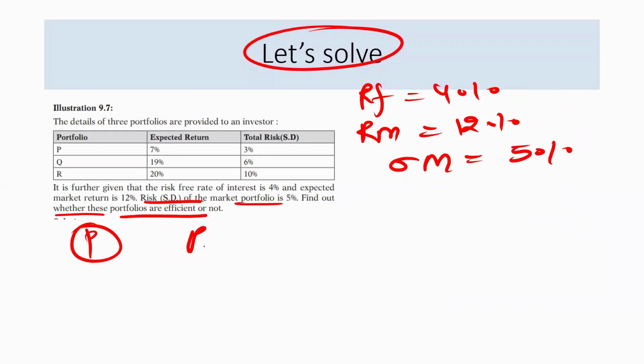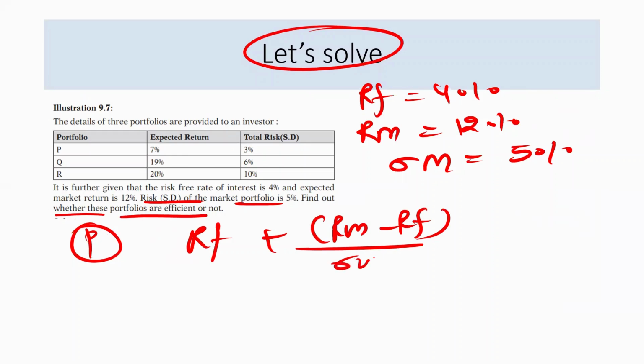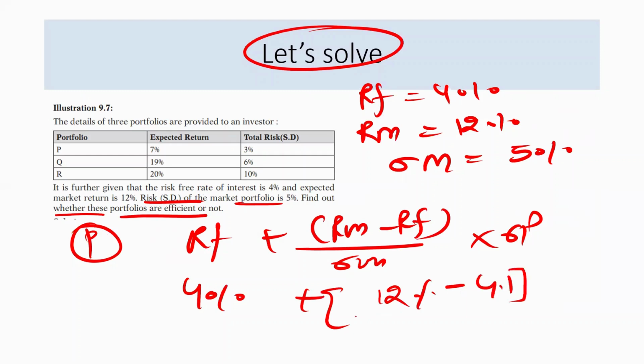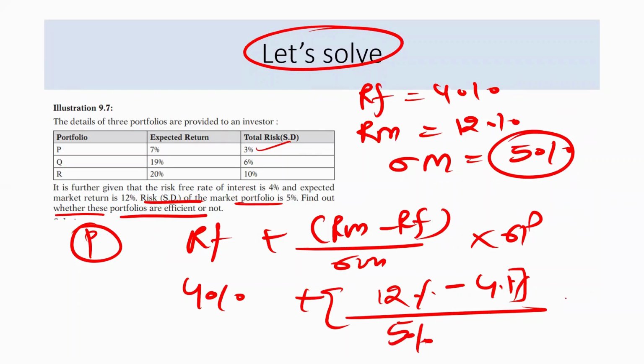For the expected return, we have to apply the formula. Okay, RF: risk free is 4% plus 12% minus 4%, upon the total risk, sorry, the market's risk first, then we will consider the 3%.